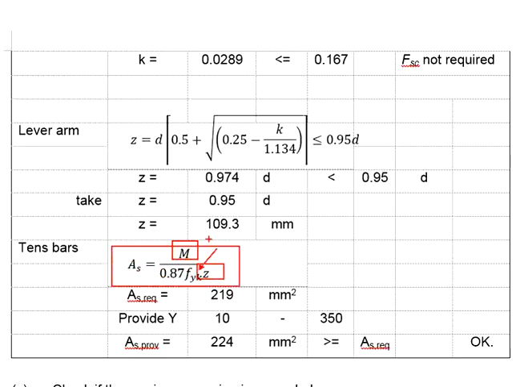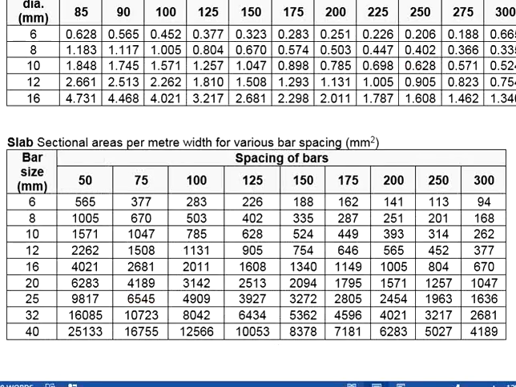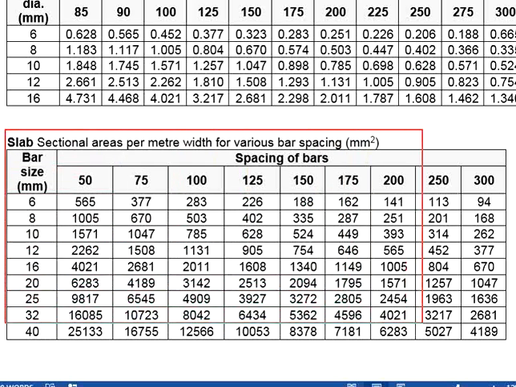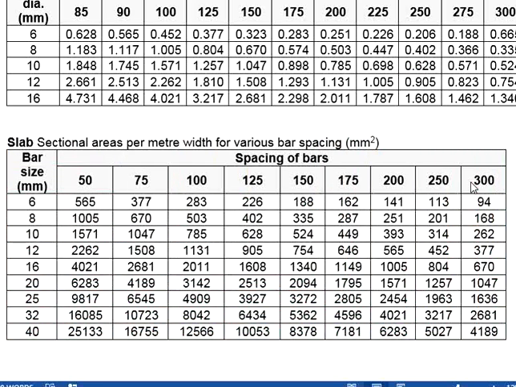Fyk is 500 Newton per mm square. The amount of reinforcement required will be 219 mm square. And then you may refer to the table of reinforcement for the slab. Given in the questions, you're going to adopt a bar size of 10 mm. Look at the area of the reinforcement.